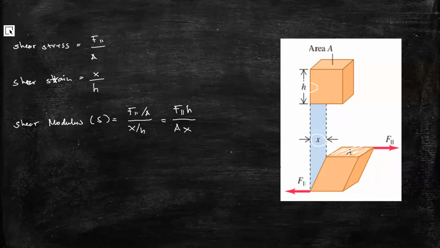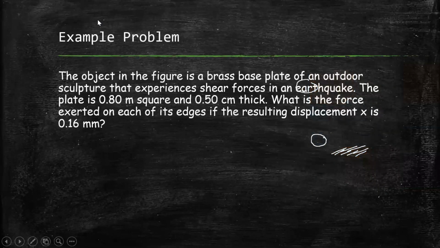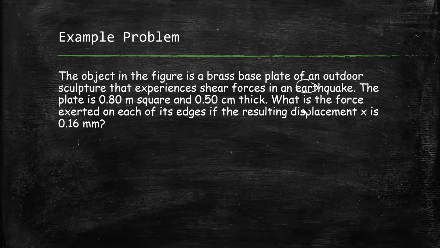Okay, so let's have an example problem. The object in the figure, which I will draw, is a brass base plate of an outdoor sculpture that experienced shear force in an earthquake.